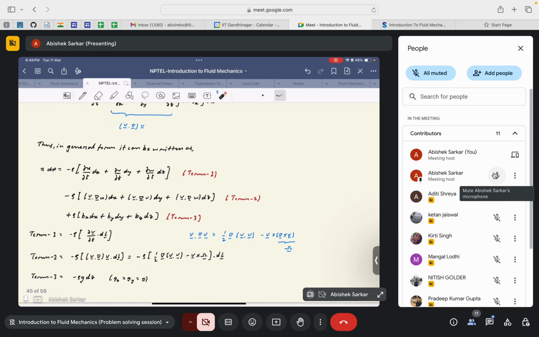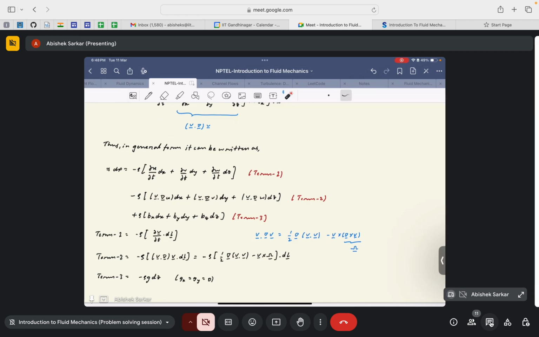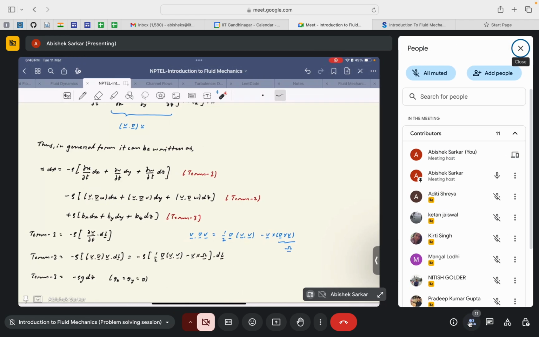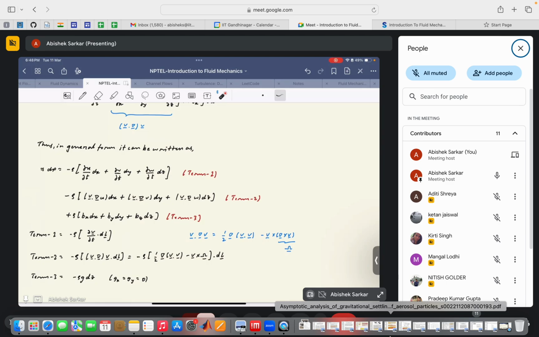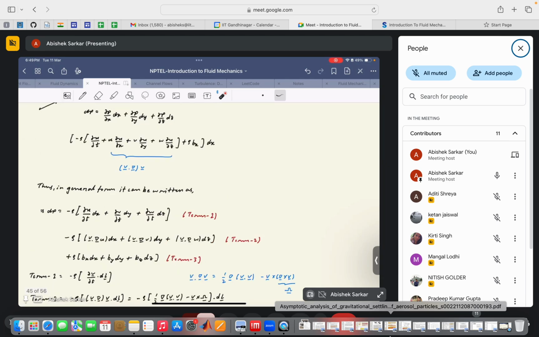Term 1, if you want to write this term in vector form, will basically be rho times ∂V/∂t dot dl, where dl is given by this expression.